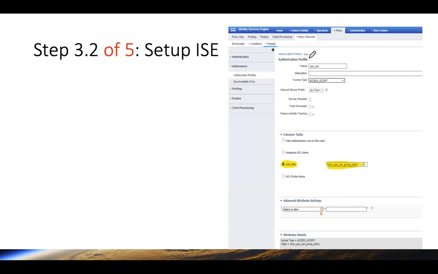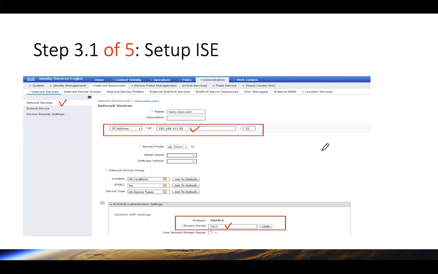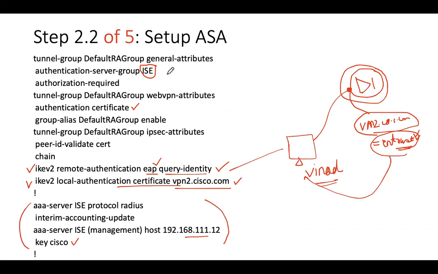And finally, we configure the authorization profile. So if you would have noticed on the Cisco ASA tunnel group configuration, there is no group policy configured. So we are not configuring any group policy. Whomsoever connects to the remote tunnel group will not automatically get a group policy, guys, because there is no group policy configured to it.